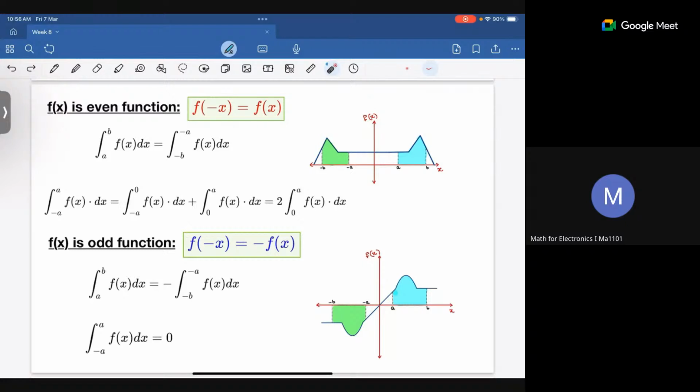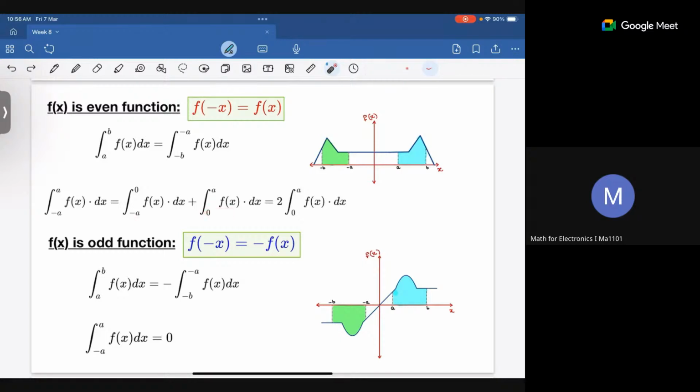Now, if I am trying to compute the integral from minus a to plus a, so this region, if it is an even function, I can use this split property. I can split it from minus a to 0 of f of x dx, and from 0 to a of f of x dx.